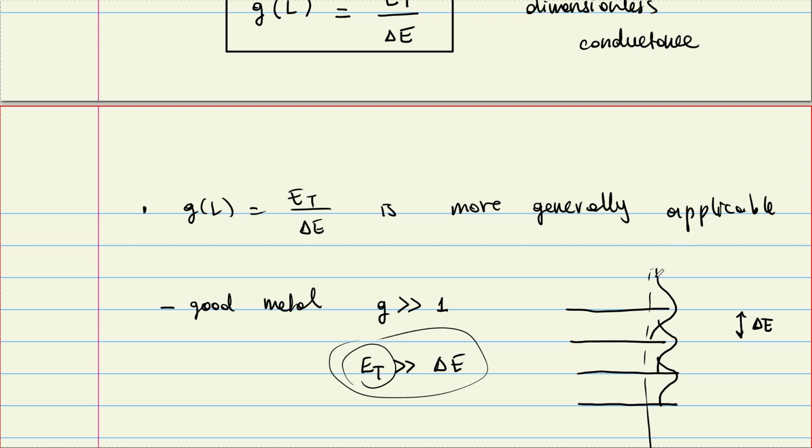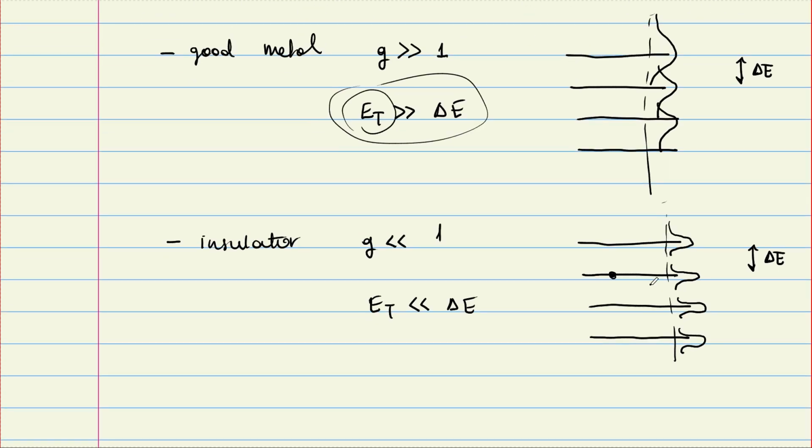If the uncertainty is large, then these energies blur and mash up together. While on the other limit, an insulator means G should be small. If G is small, E tau s is much smaller than delta E, and these energies are isolated energies that do not speak to each other. So a lot of words, but this argument came from Thouless, and I think it's a very good argument to know.